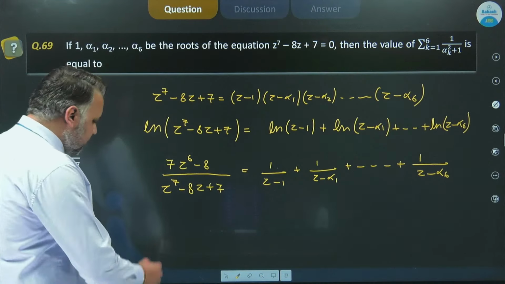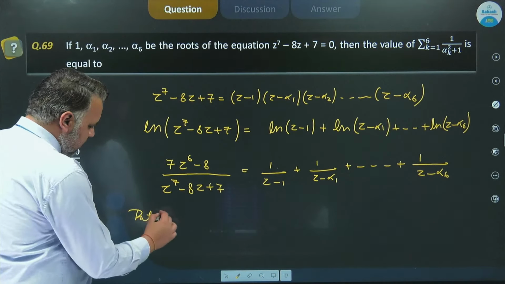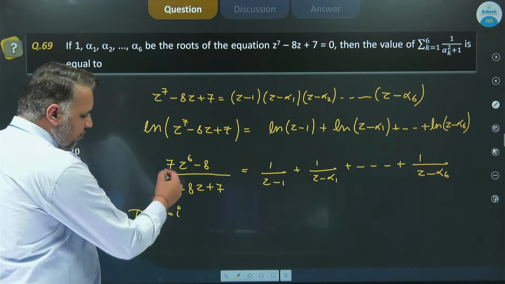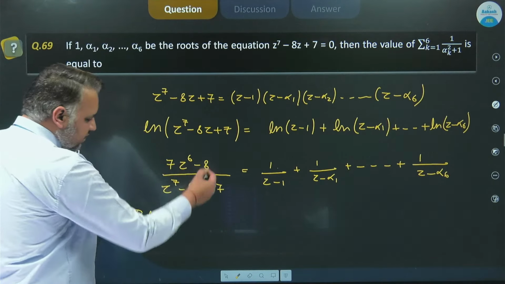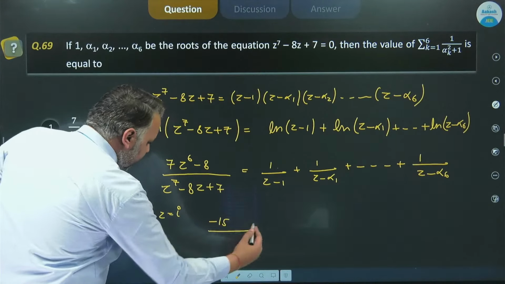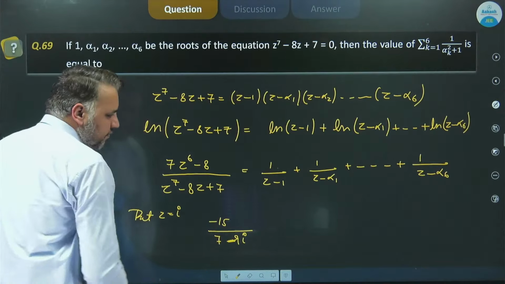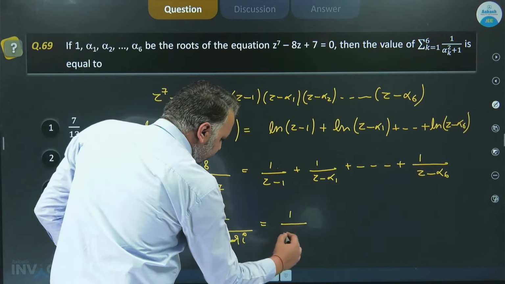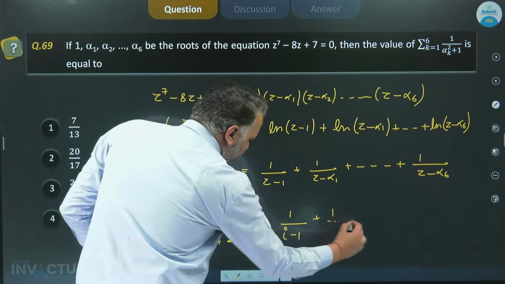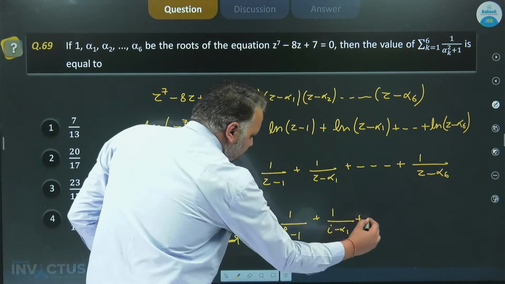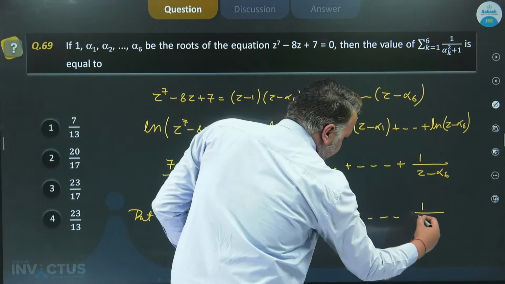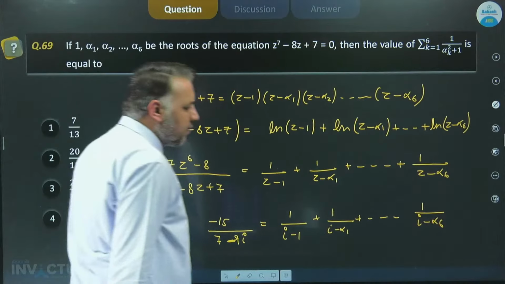So first, let's put z is equal to iota. So this will be minus 15 divided by 7 minus 9 iota, and this is 1 upon iota minus 1 plus 1 upon iota minus alpha 1, up to 1 upon iota minus alpha 6.